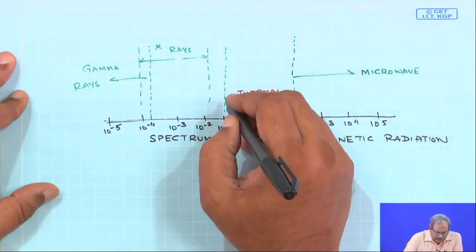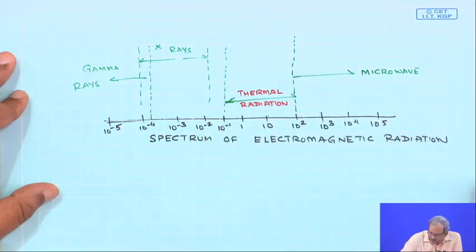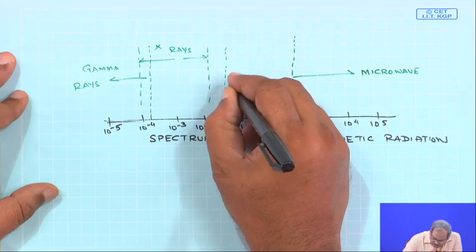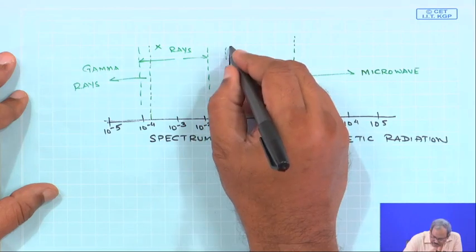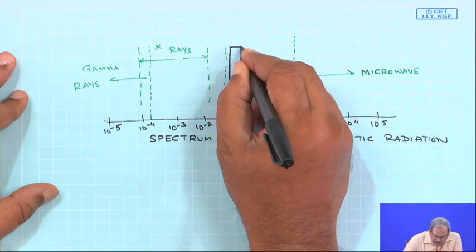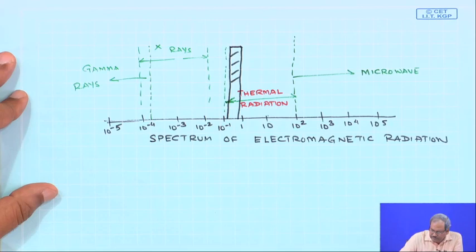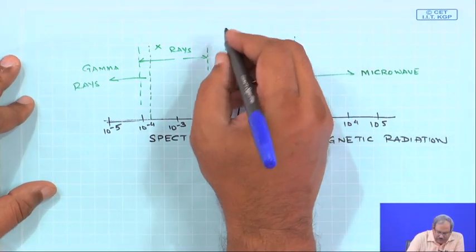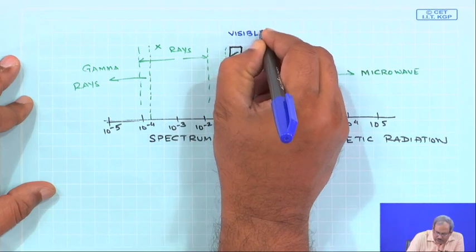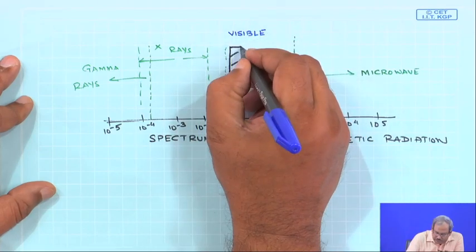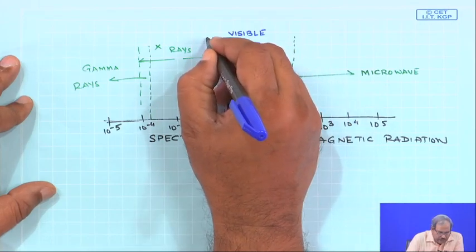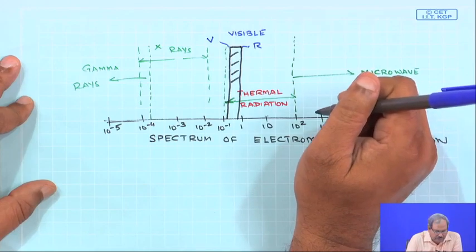And this region is the visible range, where you have the red on one side and the violet on the other side.